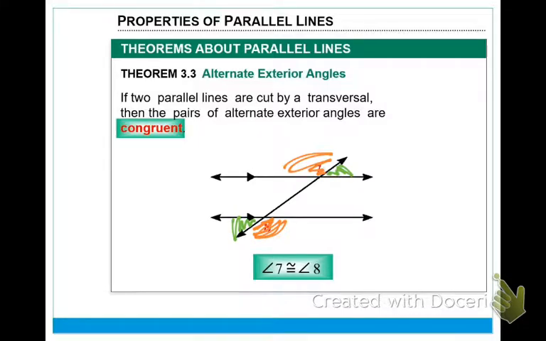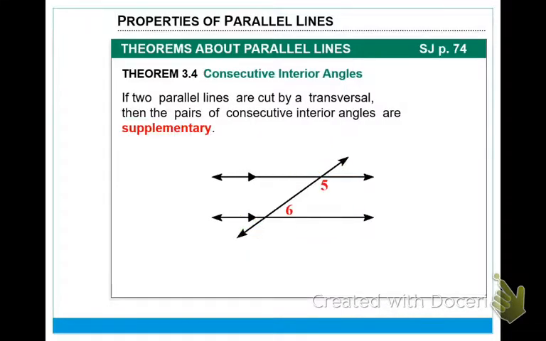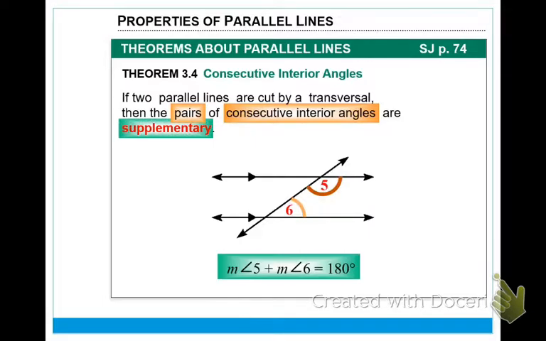Last one is consecutive interior. So if two parallel lines are cut by a transversal, then the consecutive interior angles are supplementary. So they'll add up to 180.